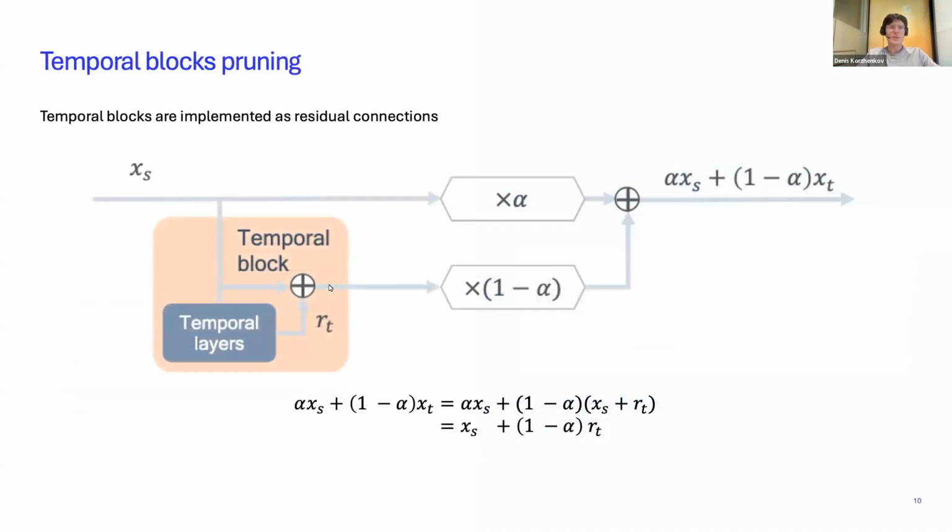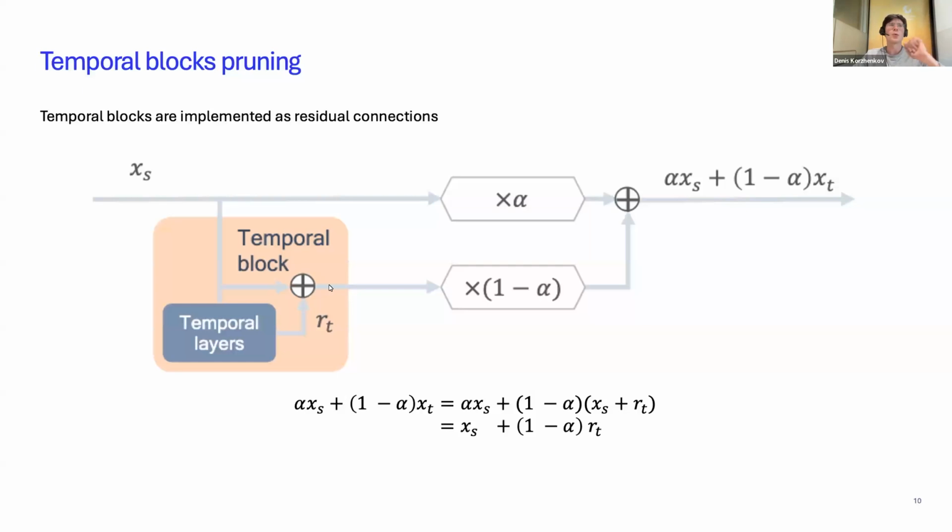And as the last optimization, let's look at the temporal block inside the UNet architecture of Stable Video Diffusion. So it has a pretty complicated architecture, these temporal blocks, which is illustrated in this diagram.